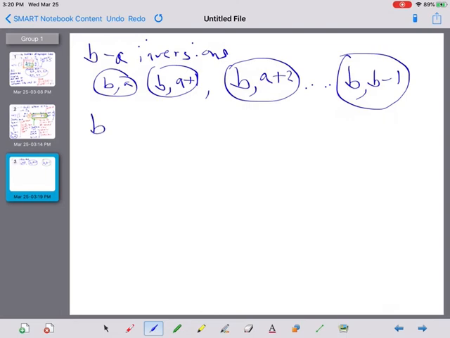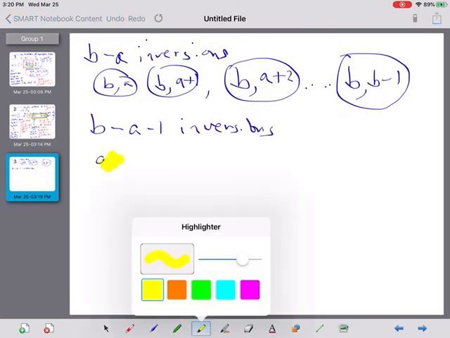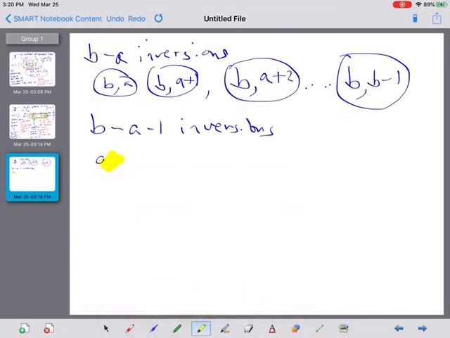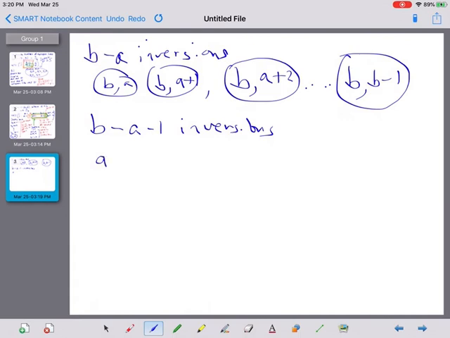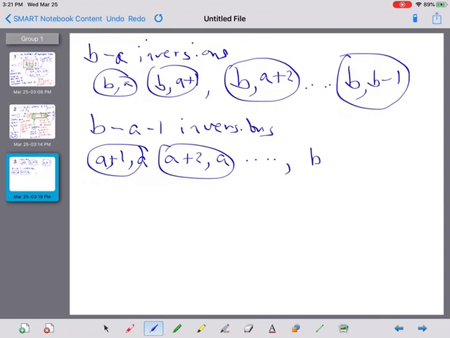And we have B minus A minus 1 more inversions that look like A plus 1, A; A plus 2, A; all the way up to B minus 1, A.